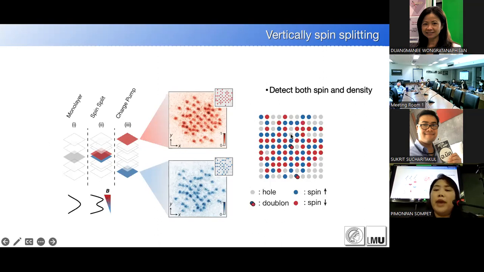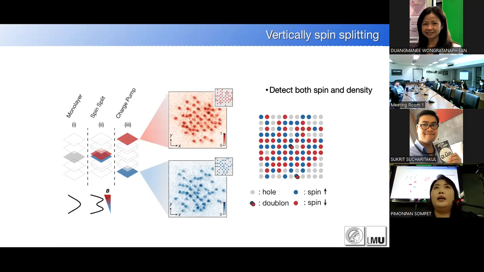If there are no atoms, you can see that as well. And if there are two atoms in the same site, you can also see it, as well as the spin that we try to measure here. So it's a very powerful technique to see individual spins of atoms by using the Zeeman effect.